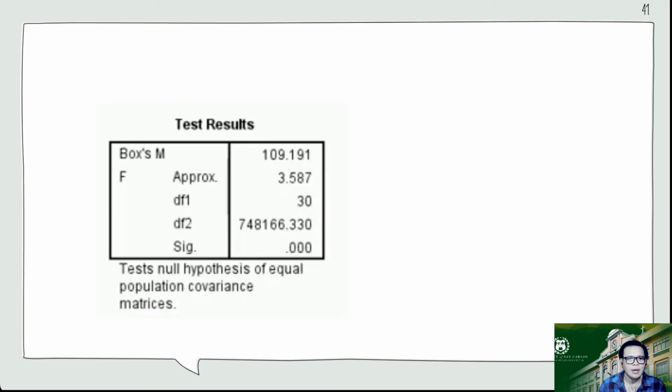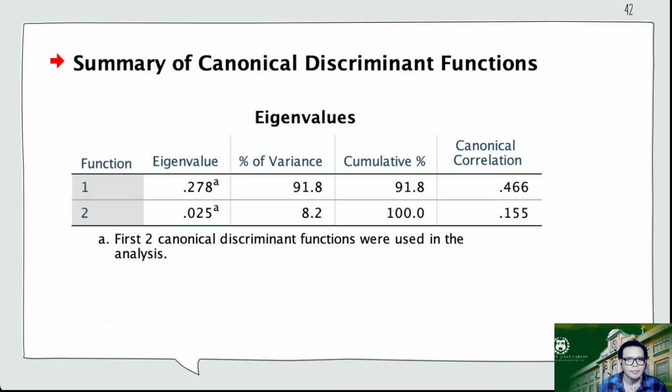Now you can see here, I'm sorry it's so blurred because this is really small and I'm just maximizing it. For the result, the Box's M here is considered the test of homogeneity of the covariance matrices. It tests the null hypothesis of equal population covariance matrices. And then here is a summary of canonical discriminant functions, which gives your eigenvalue. This is a very important value that we are going to use during our computation.